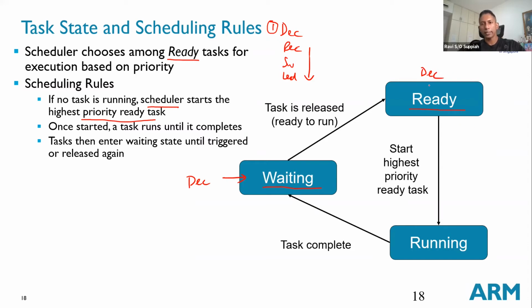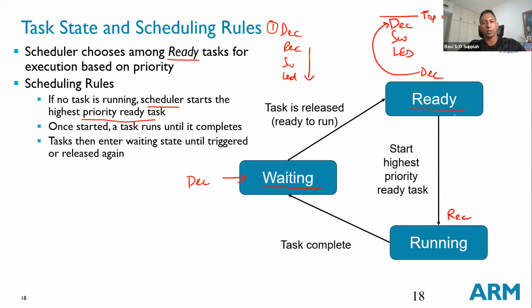When I'm in the ready state, maybe another task was in the running state. Previously, maybe after record came switch and LED. But the moment decode transitions from waiting to ready, decode goes to the front of the queue. This is the top of the queue, waiting to transition to the run state. That is how the scheduler works.